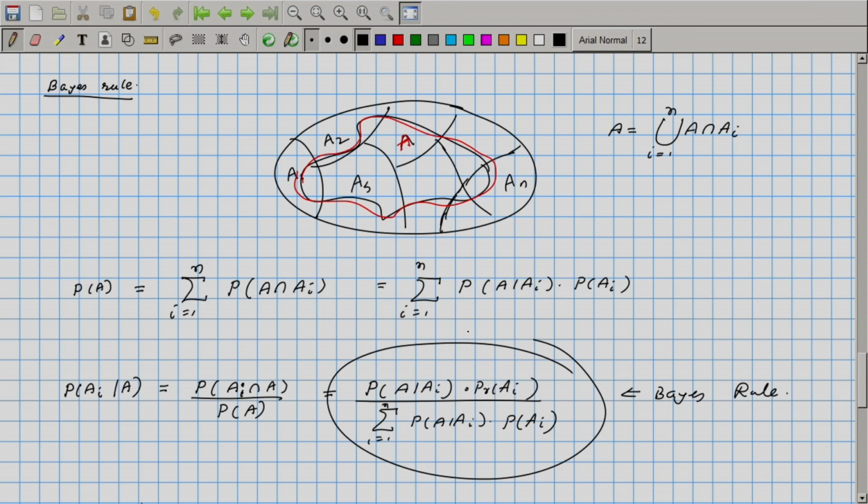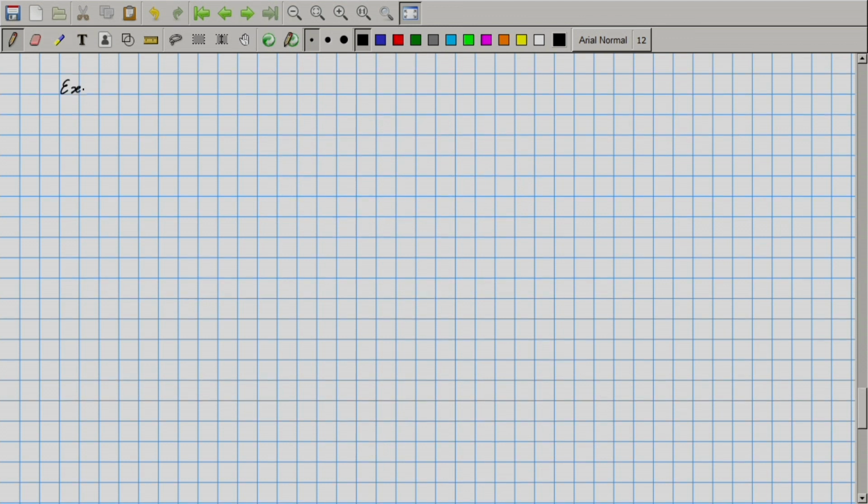Let us do an example involving conditional probabilities. So, let us look at a family with 2 children, okay, and we are interested in the gender of the children. So, there are 4 possibilities. The first child could be a boy and the second child also could be a boy.